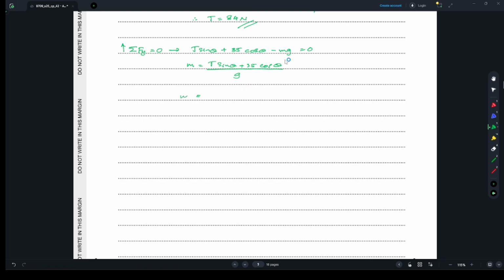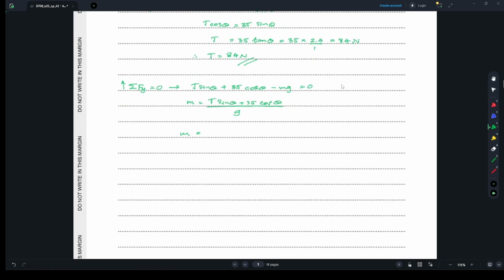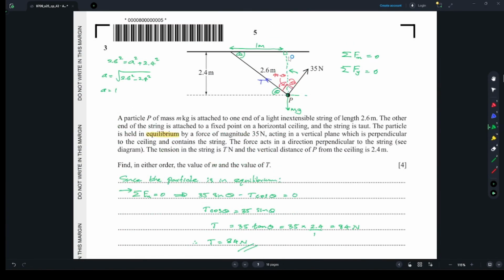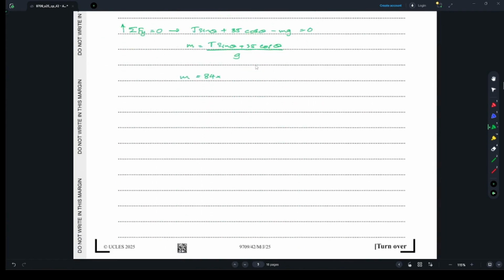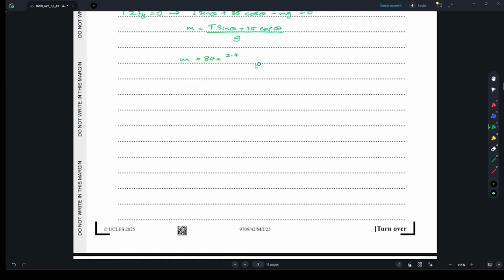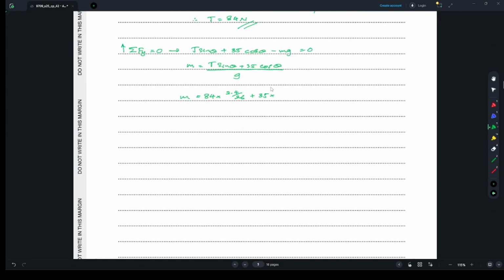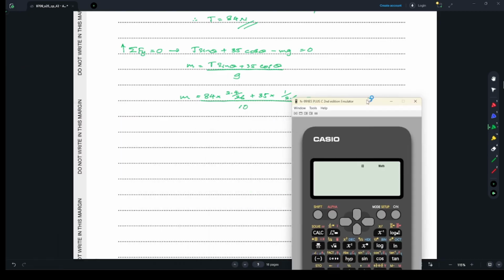So now we can substitute the values. T is 84 times sine theta, which is 2.4 divided by 2.6, plus 35 times cos theta, which is 1 over 2.6, and divide by g, which is 10. So we can use the calculator for this one.